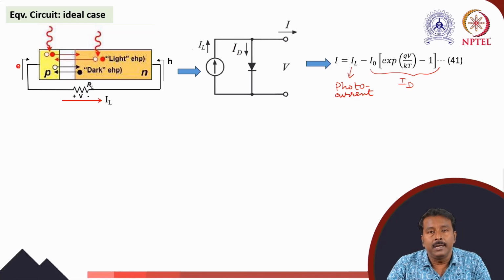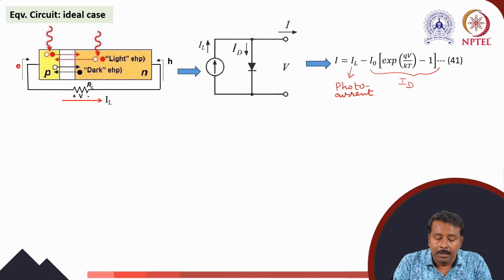However, in a practical solar cell, some losses are there due to the resistance of the quasi-neutral part and the resistance of the contacts at the two ends, because the semiconductor has a specific resistivity, and when photocurrent passes through the quasi-neutral region, it exerts some resistance.